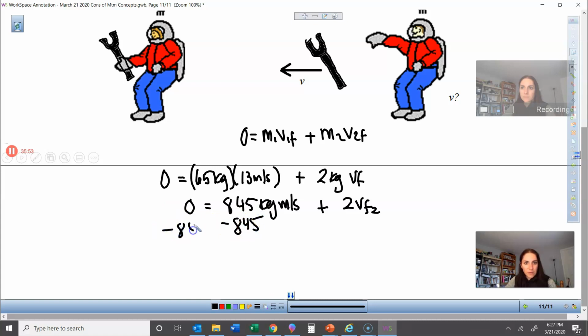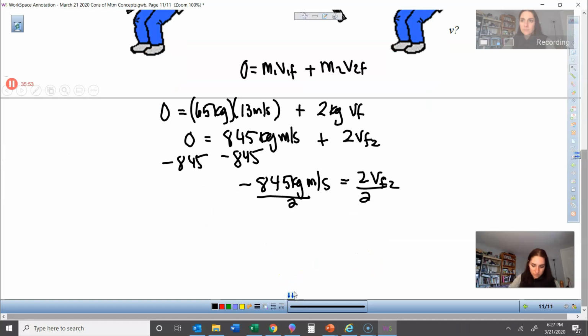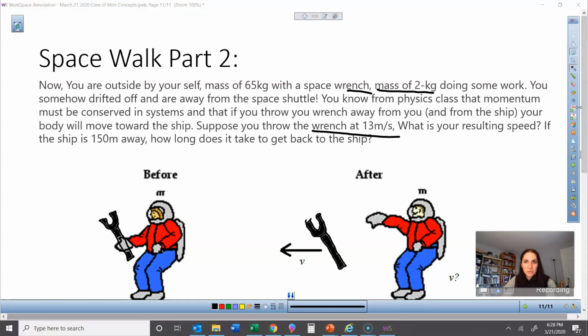So I get negative, which is good because we should be moving opposite the way we threw it. And then we divide both sides by 2. Yeah, I think I messed this up. Hold on, because this looks ridiculous.